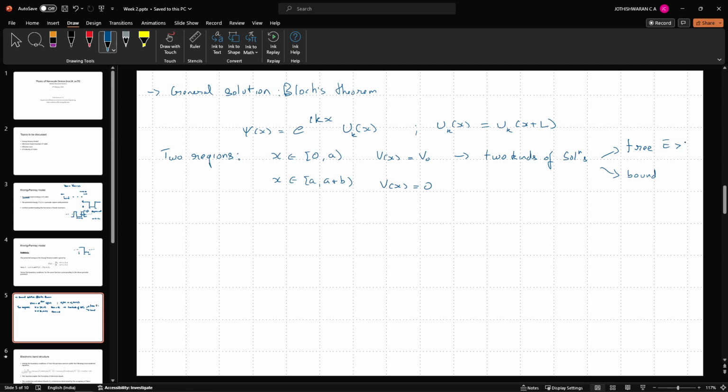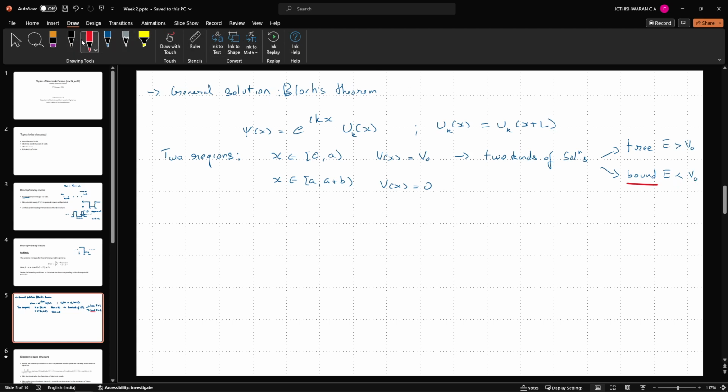Here E is greater than V naught, and here E is less than V naught. Both of these situations are physically realizable, but we want to study the behavior of electrons in solids. By that very definition, the electrons are bound to the solid. So we shall be concerned only with the bound state solutions, where E is less than V naught.